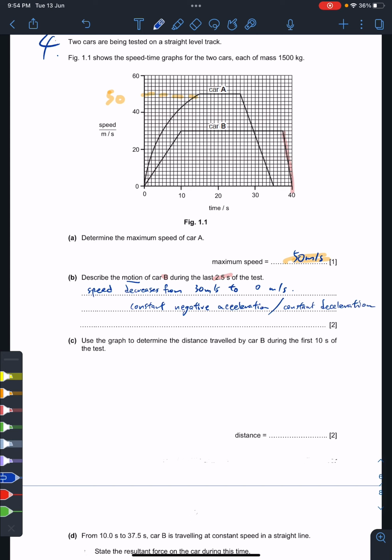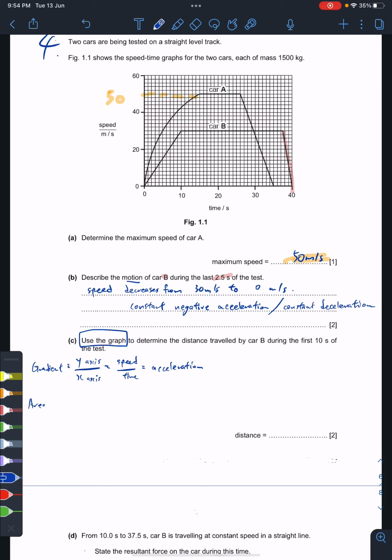Okay, next one. You cannot use a formula here because the question forces you to use the graph. Distance. Okay, again, don't panic. So gradient equals y-axis divided by x-axis, equals speed divided by time, equals acceleration.